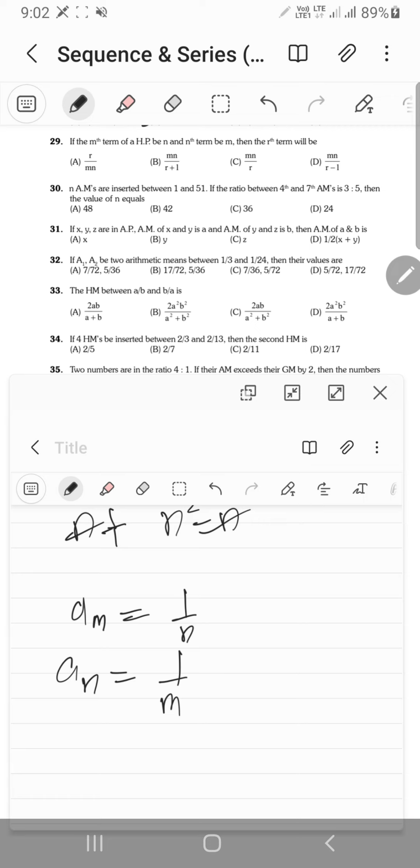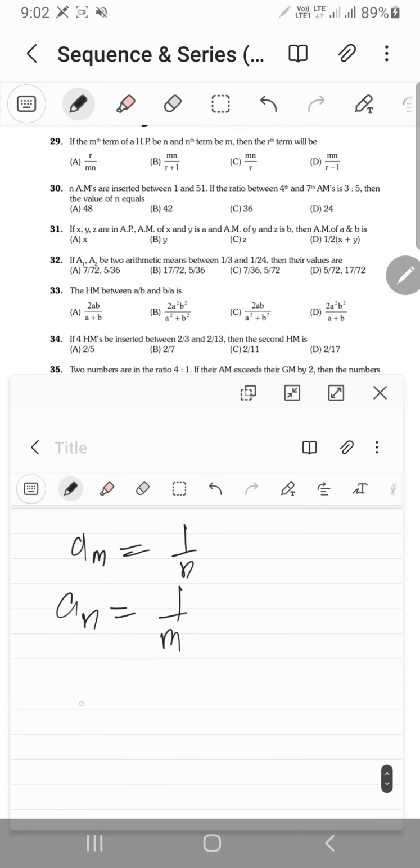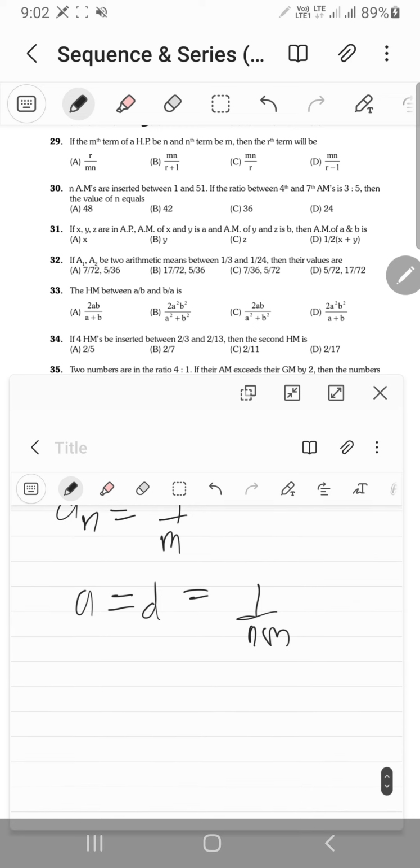Then we already know that A equals D equals positive 1 upon nm. What will the rth term be? That's just A plus (r minus 1) D, and in this case it's just r times D. So it's r upon nm. Oh, wait, that's the term of the AP. For the HP, it's going to be mn upon r.